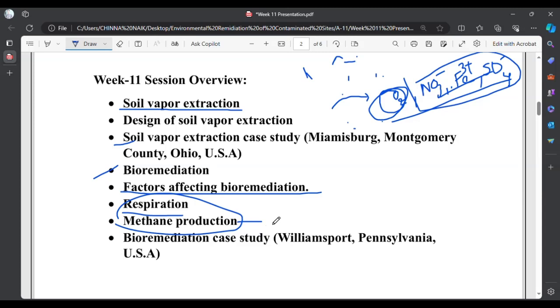In fermentation, complex organic matter is degraded into simple organic matter and other byproducts like H2O and CO2. While decomposing this complex organic matter into simpler organic matter, the simpler organic matter will produce methane, that is CH4.